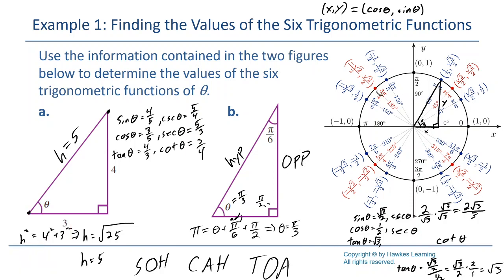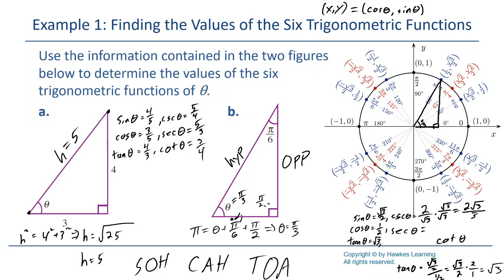If this was in the second quadrant, then we would have to pay attention to it, because all the x values there are negative, but all the y values are positive. So depending on the quadrant you're in, that determines what these are. If sine's positive, cosecant has to be positive. If cosine was negative, then secant would have to be negative. That's just the way it goes.